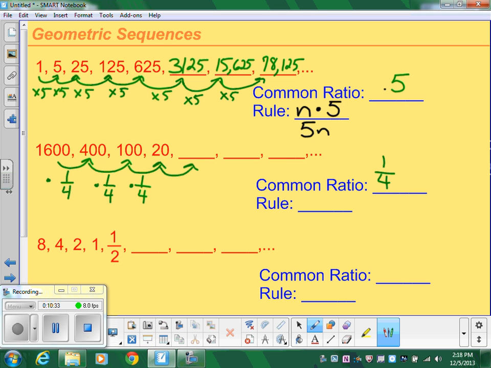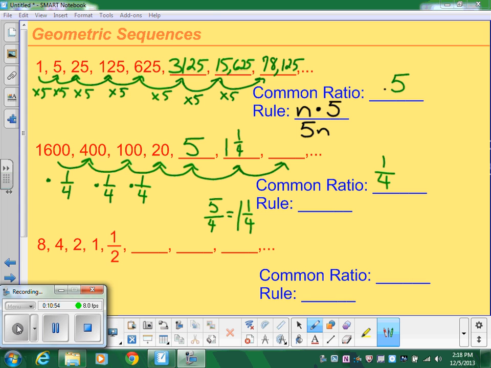So if we continue this, we'll end up with 5 as our next term, then 5/4, which is equal to 1 1/4 as our next piece. And finally, we'll end up with 5/16.